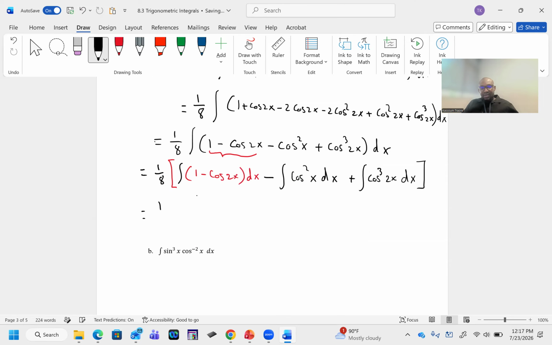Again, I will have 1 divided by 8. I can go ahead and find this antiderivative, which is x, right?